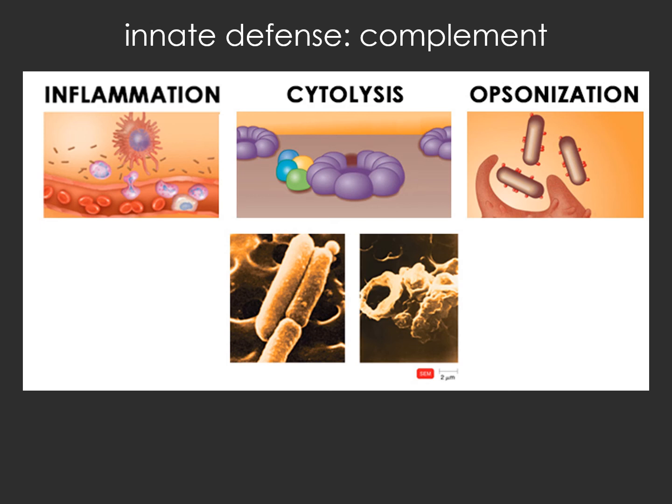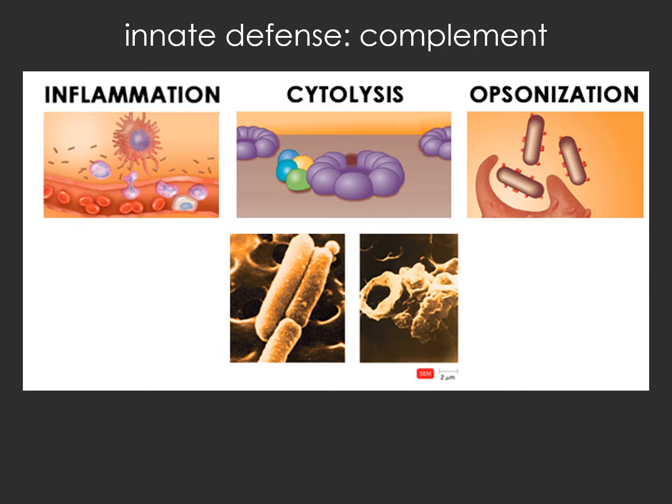So cytolysis, cell lysing, and the cell that's being lysed is the pathogen. And you can see a scanning electron micrograph just underneath that diagram of cytolysis. On the left-hand side, you see cells prior to complement activation, and then just next to that, cells after complement has been activated.